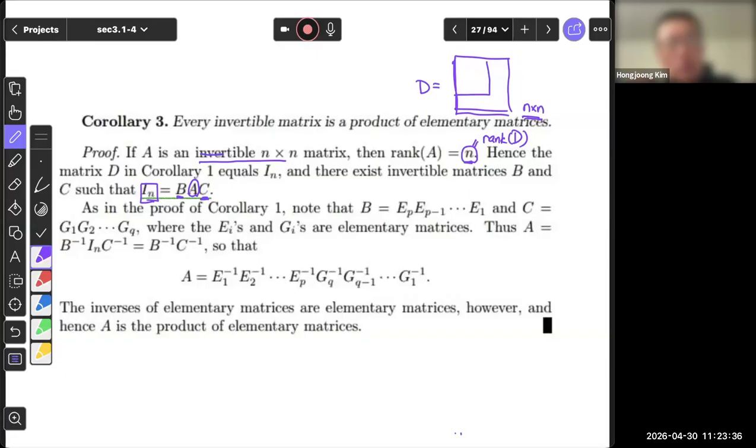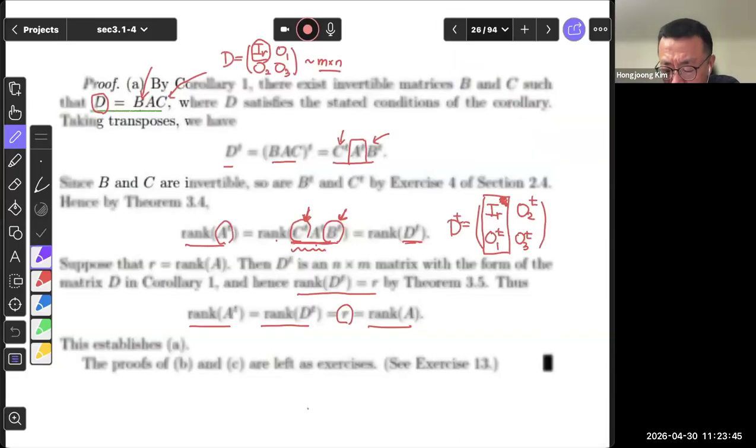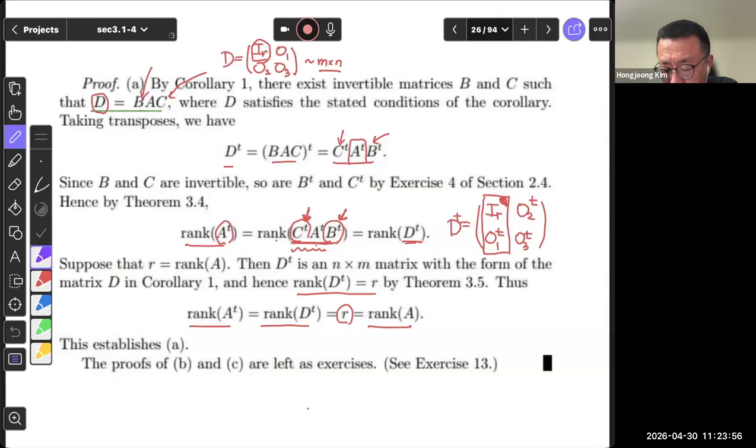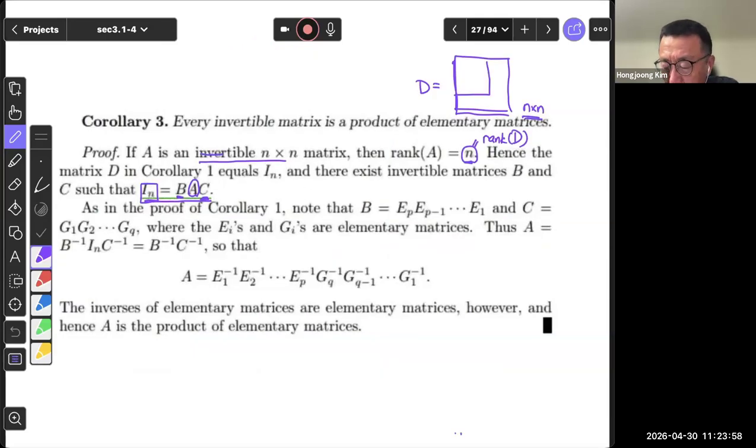Okay, so we get this identity here. And please remember that B and C are products of elementary matrices. B is a product of these elementary matrices, and C is also a product of elementary matrices.